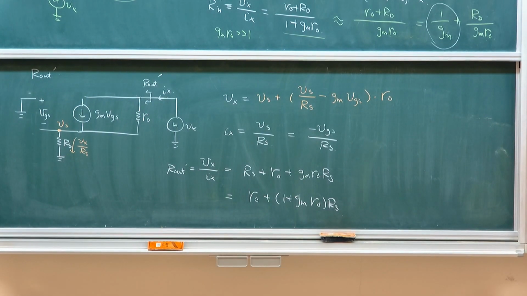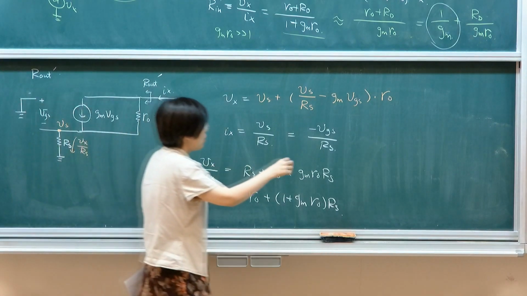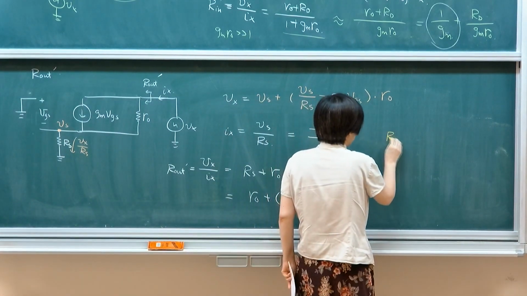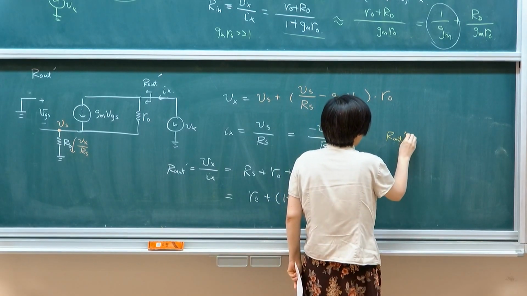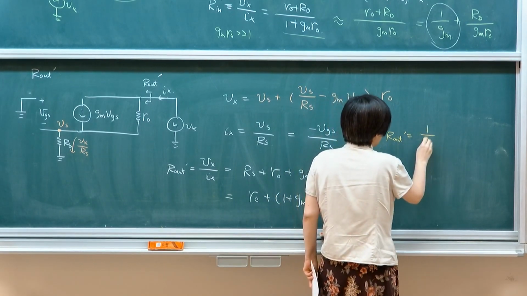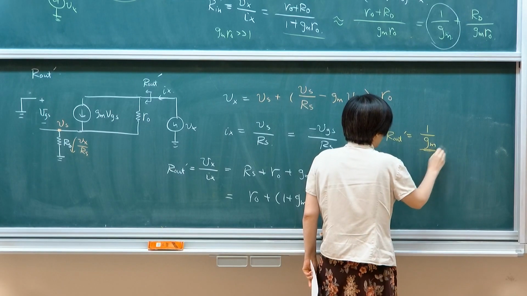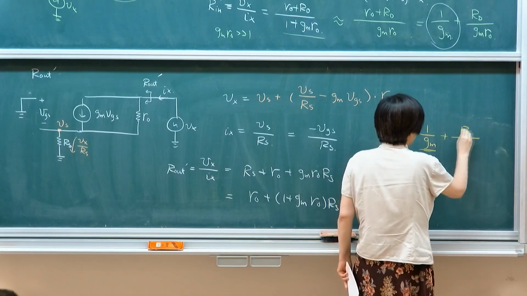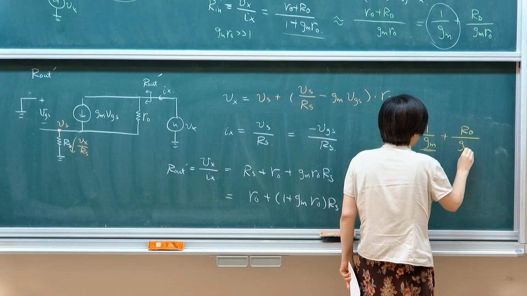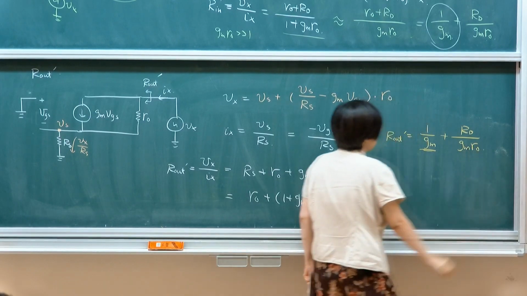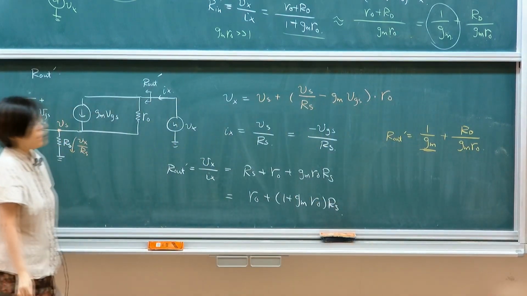If I'm summarizing with the previous table, you will see that if I'm looking down my RL, I want to put them in parallel to compare. It's originally 1 over gm, then the effect of RD is being attenuated by a factor of gm RO. That's the output terminal.